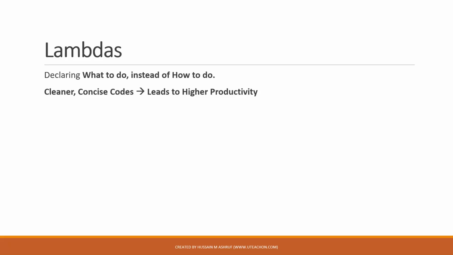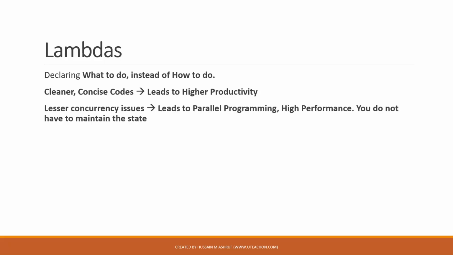So it becomes cleaner and more concise code, with fewer concurrency issues. It leads to parallel programming and higher performance. You do not have to maintain state, so there are the fewest concurrency issues. In lambdas, we don't have to maintain the state. That is the reason fewest concurrency issues occur, and this leads to parallel programming, which leads to higher performance.